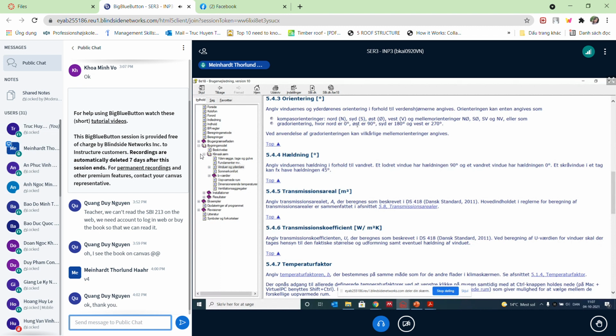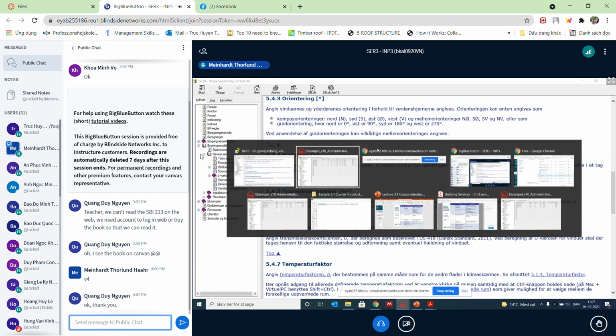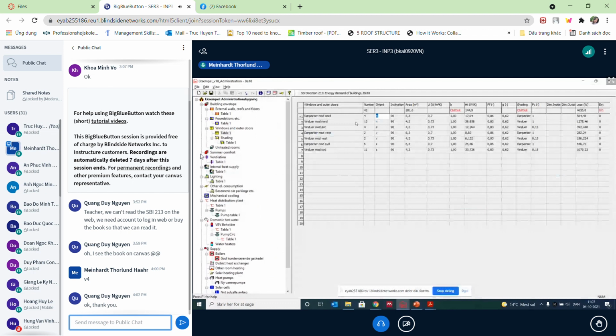Minus 90 degrees will also be west, or you could say 270. So instead of using the letters, you can just put in 0, 90, minus 90, and so on. Basically, this will give the same result as before.